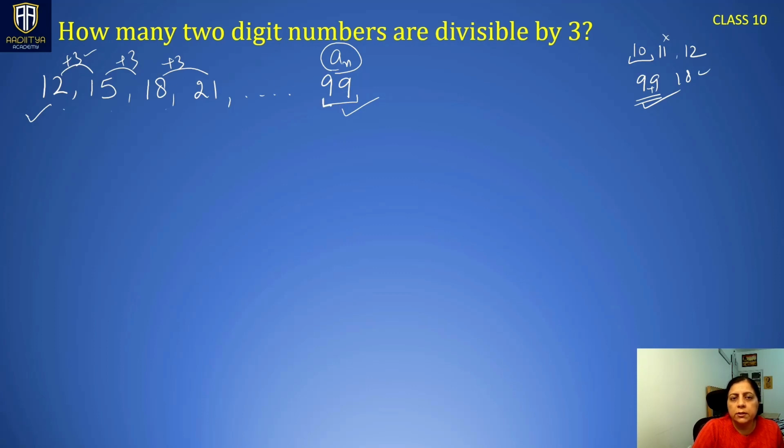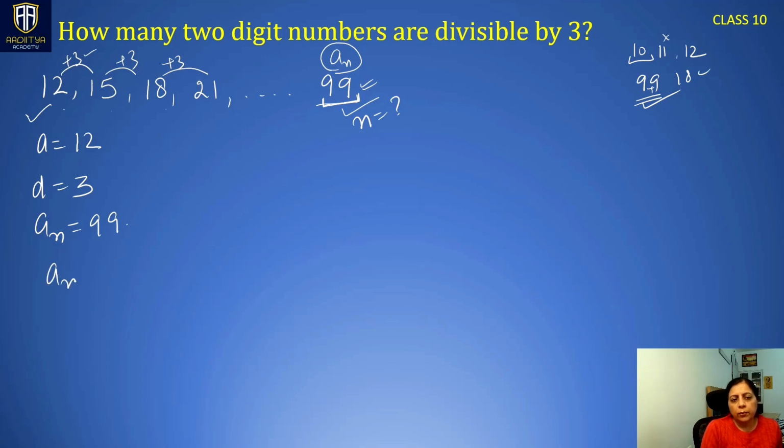That means, what is the count at which this 99 occurs in the sequence? First term is 12, common difference is 3, and an is 99. That means you have to find n in this case, the number of terms where this 99 exists in the sequence.